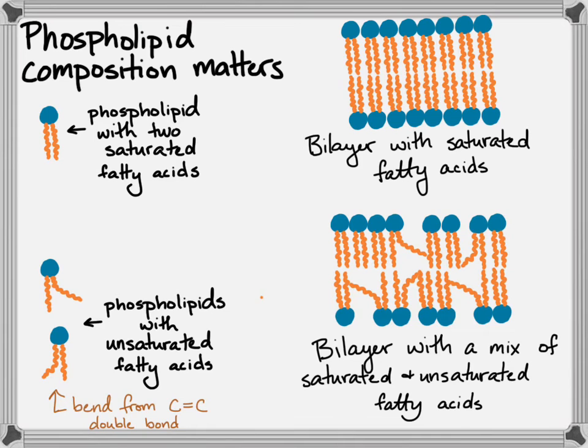And the bilayer with more unsaturated fats opens up space. You can see more white space in that bottom bilayer. And that's going to make that membrane more fluid at any given temperature than the one made of mostly saturated fats. And that allows creatures to adapt the fluidity of their membranes to whatever environment they're in. We'll take a look at that some more on the next slide.